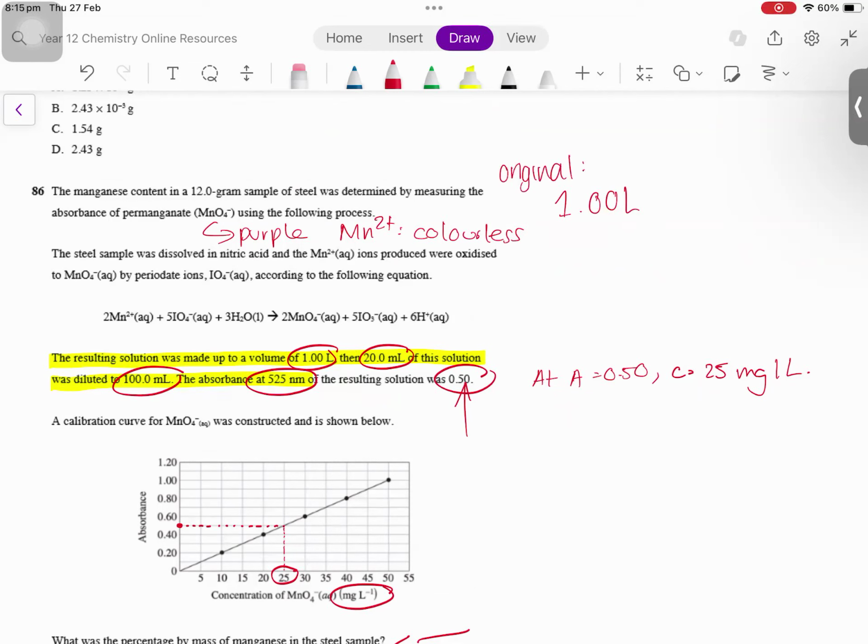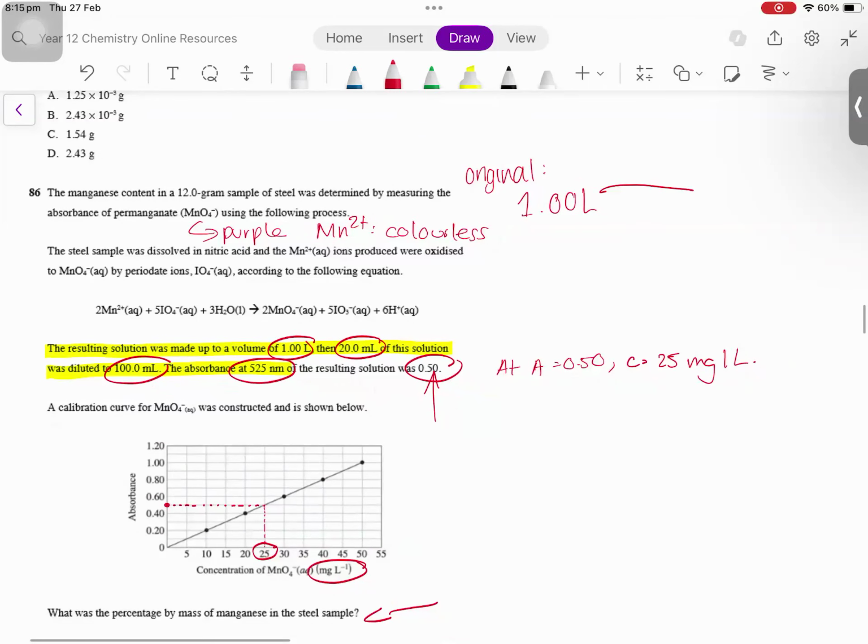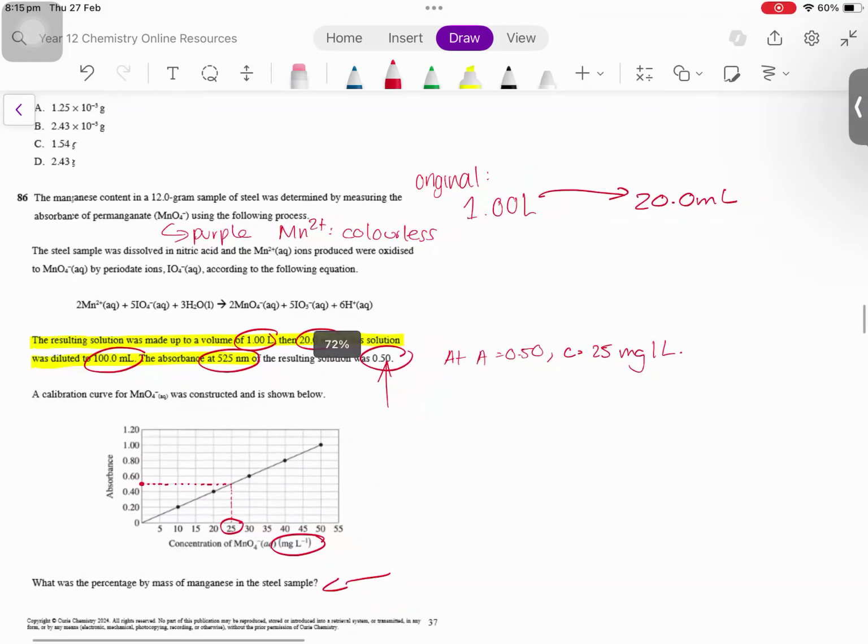What's the next volume that it went into? 20. So they started with an original 1 liter, they took 20 mL, and what happened to the 20? It turned into what other volume? It turned into our 100 mL volume.